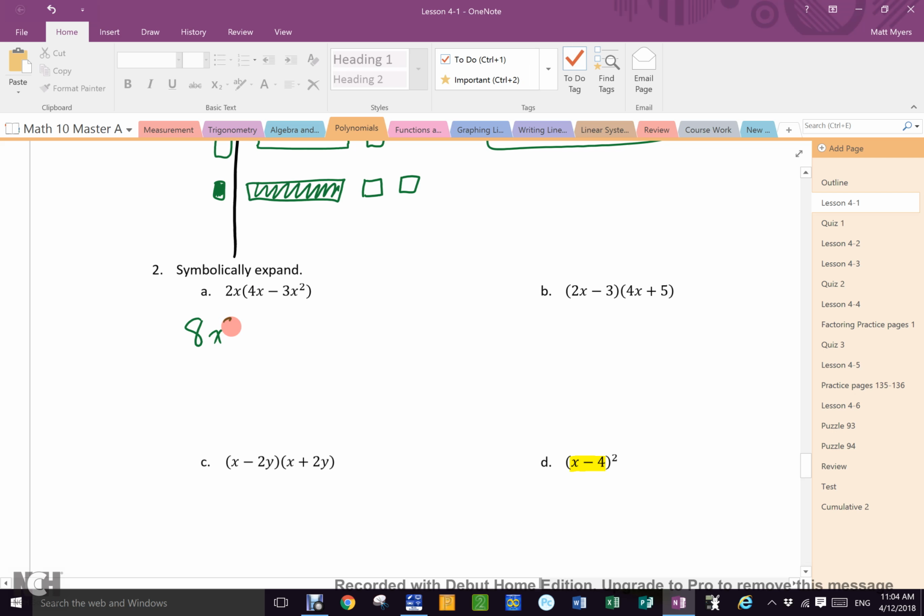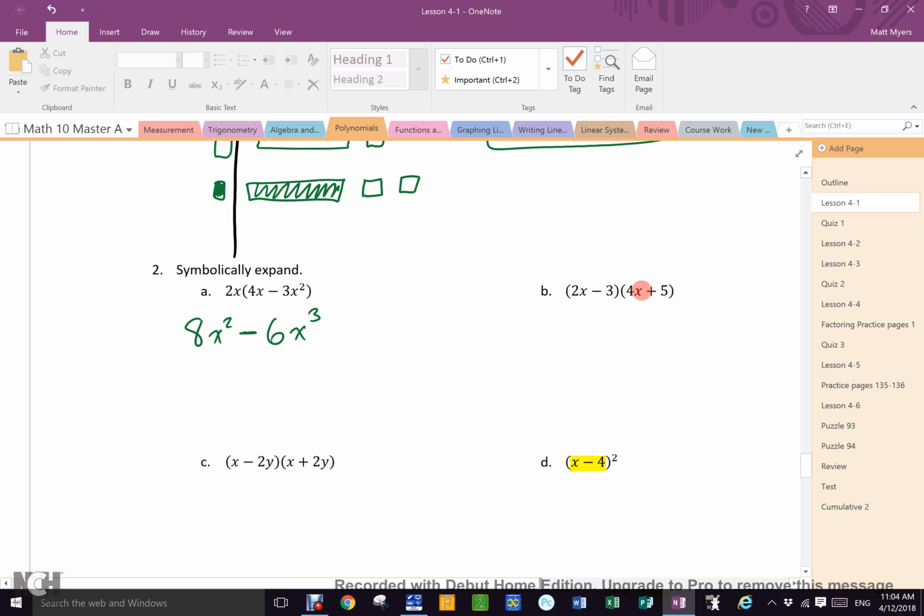Minus, what's 2 times 3? 6. What's x times x squared? X cubed. Now, in a perfect world, would we write this like this? No, because we want the biggest exponent first, right? Am I happy if you write it like this? Yes. Because do I care more about the math or about what it looks like? I care about the math. Everybody cool? All right.